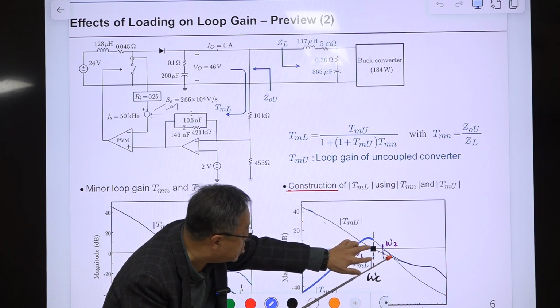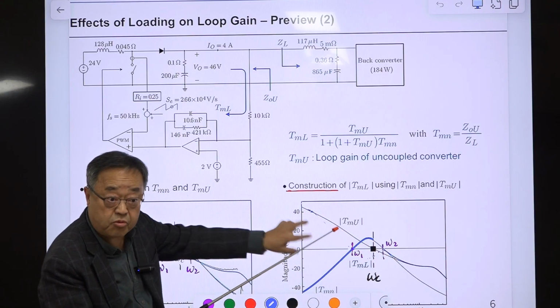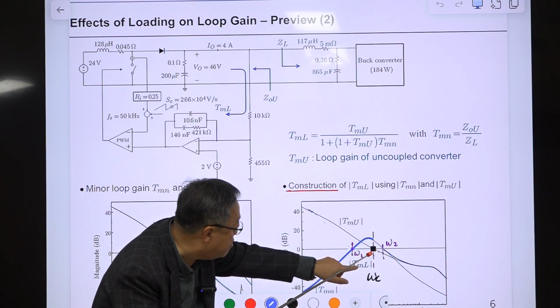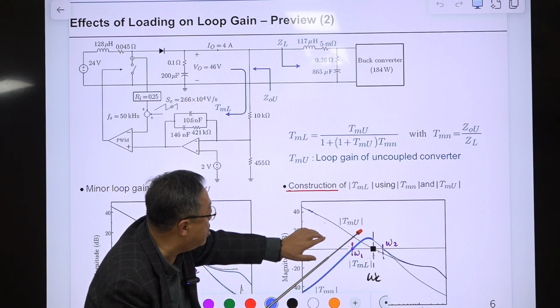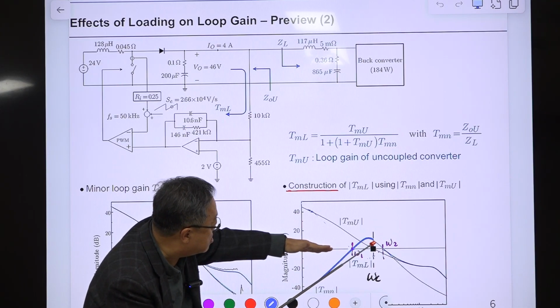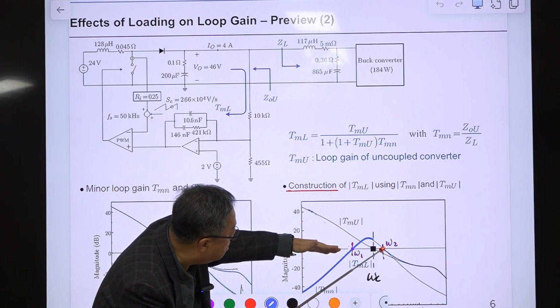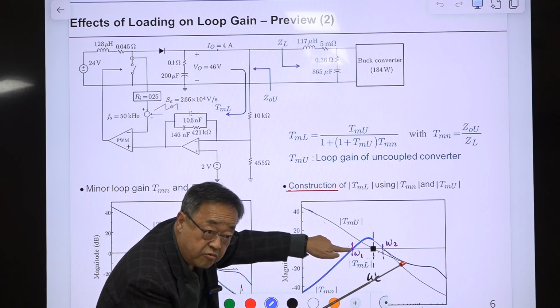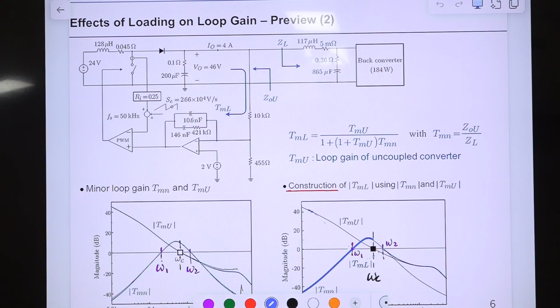I'll explain why this peaking occurs, and the magnitude of the peaking can be calculated. So at low frequency it follows the mirror image of this minor loop gain. At high frequencies, after this frequency, it follows the TMU. We verify this. The result is on your printout.